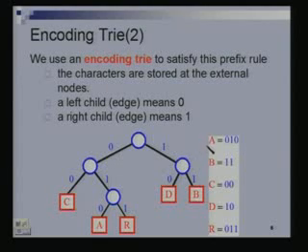Okay. Now A equals 0 1 0, because if you look at this, as you go from root to A, you will encounter 0 1 0. When you are coming to R, 0 1 1, so code for R will be 0 1 1. Okay.